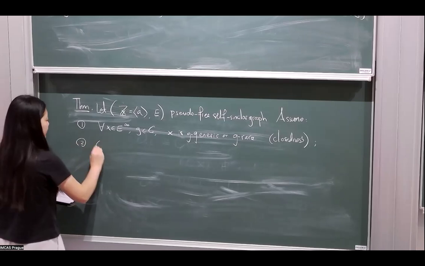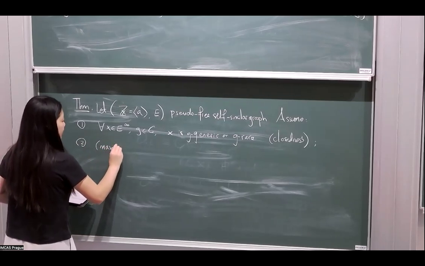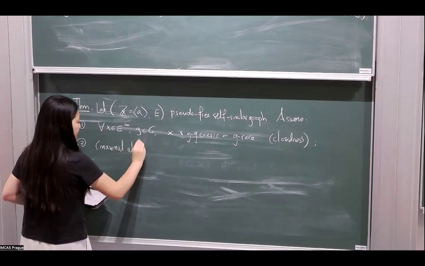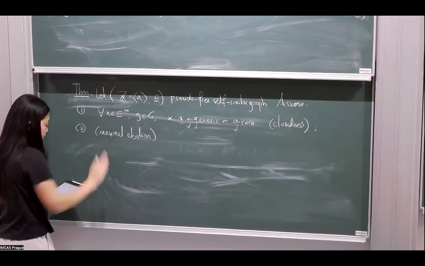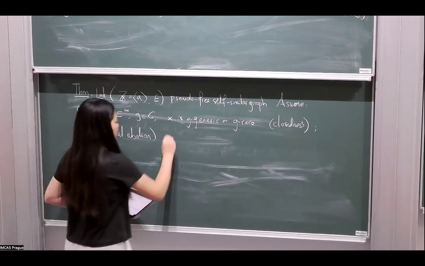And the second condition to ensure this maximal abelianness is a condition on those cycles with no entrance.